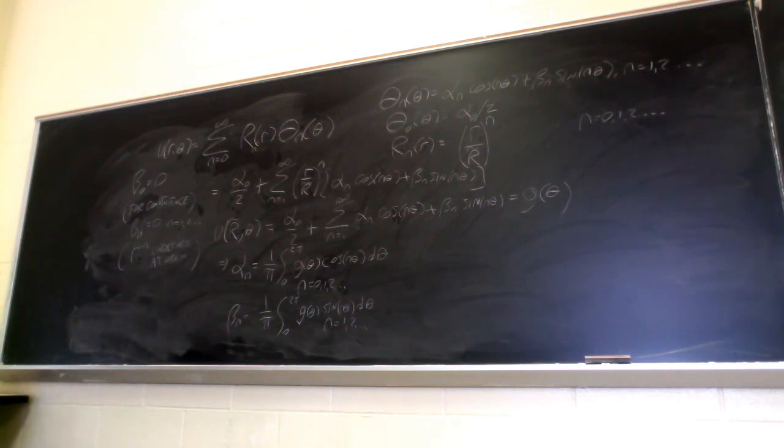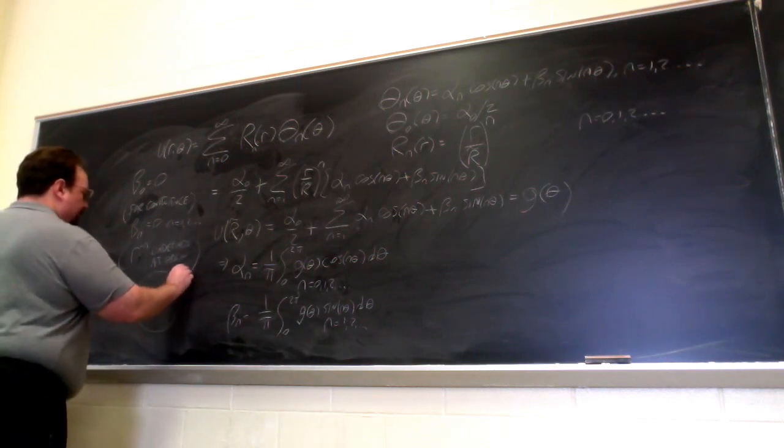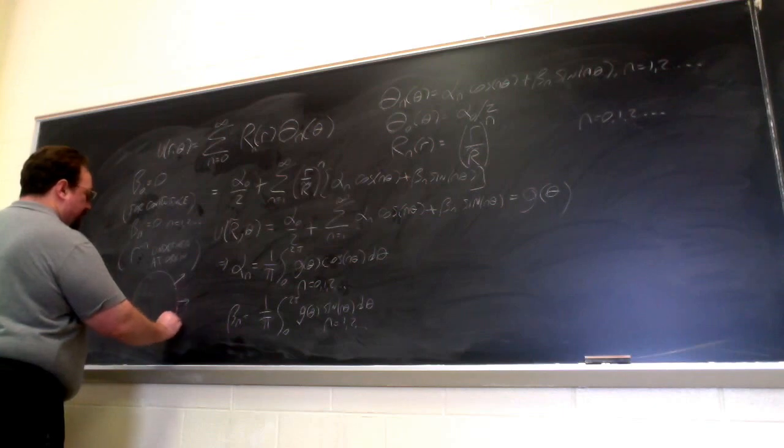Now, if this had been a Neumann problem, in that case I would be looking at the derivative of u with respect to r, because on a disk the normal is pointing this way.